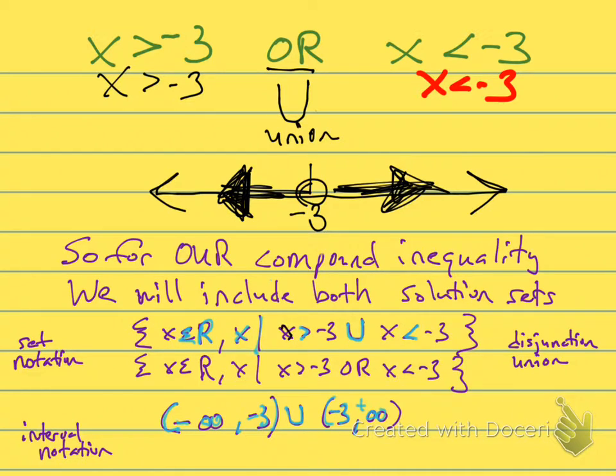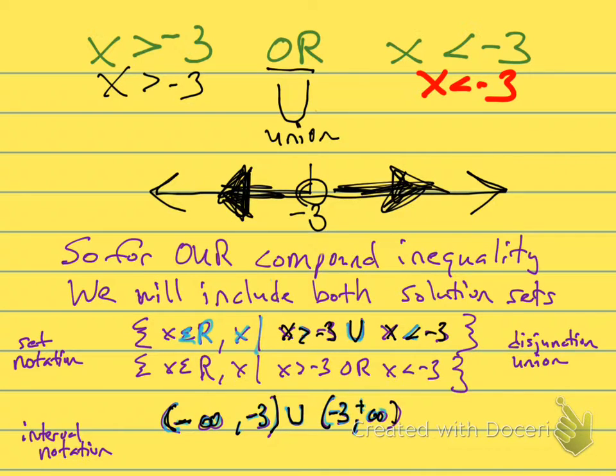So we're going to have x is greater than -3 union with x is less than -3. In interval notation, this would be open parenthesis -infinity all the way to -3, open parenthesis. There's the union symbol again. Open parenthesis -3 all the way to positive infinity.